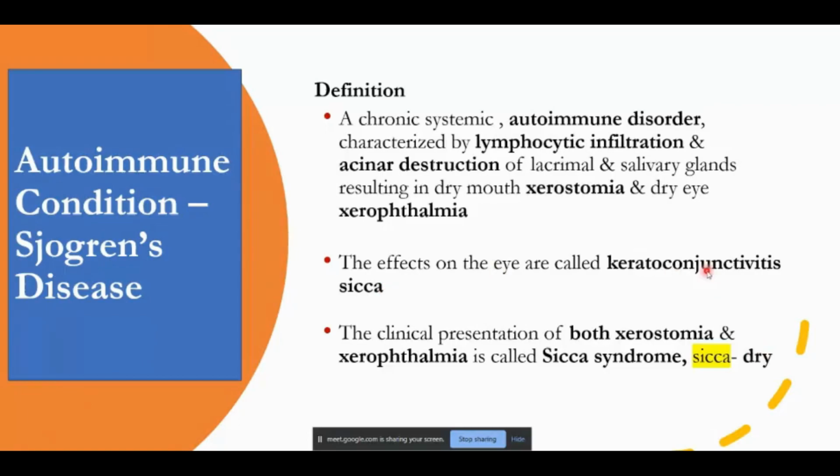So keratoconjunctivitis sicca is seen in association with the eye. And when xerostomia and xerophthalmia both are seen together, it is called sicca syndrome. Syndrome, as you must know, is a combination of diseases, a combination of pathologies. So sicca syndrome is when both your eye dryness and mouth dryness are seen together.